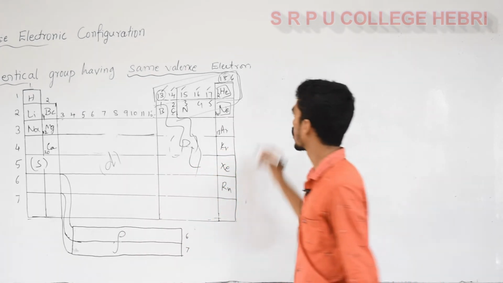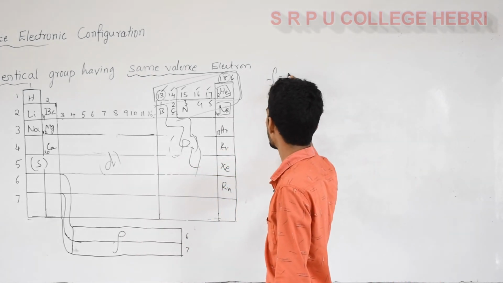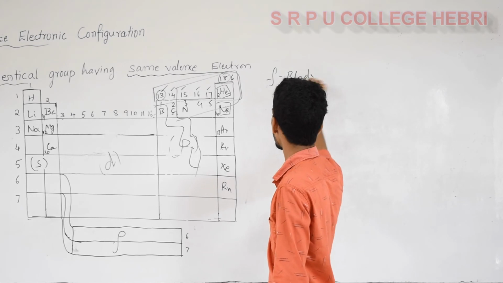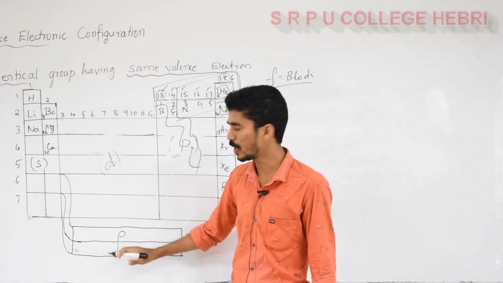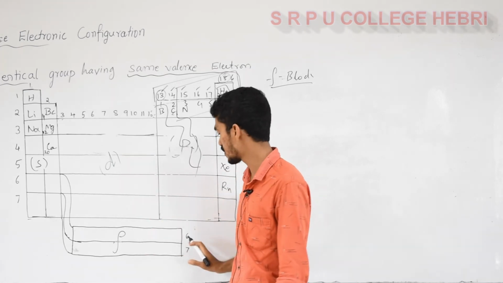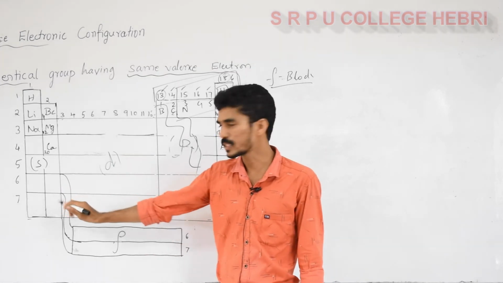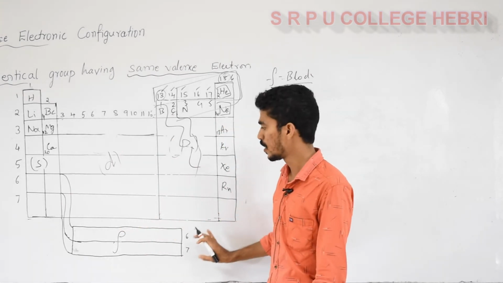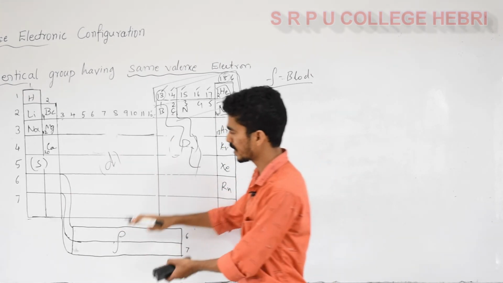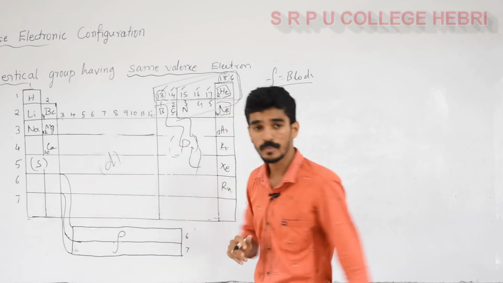Here you should remember the inner transition elements and the general electronic configuration. And the last family, that is the f block element. The f block elements are present just below the periodic table, in continuation of the sixth period. But placing them below avoids making the table too lengthy.